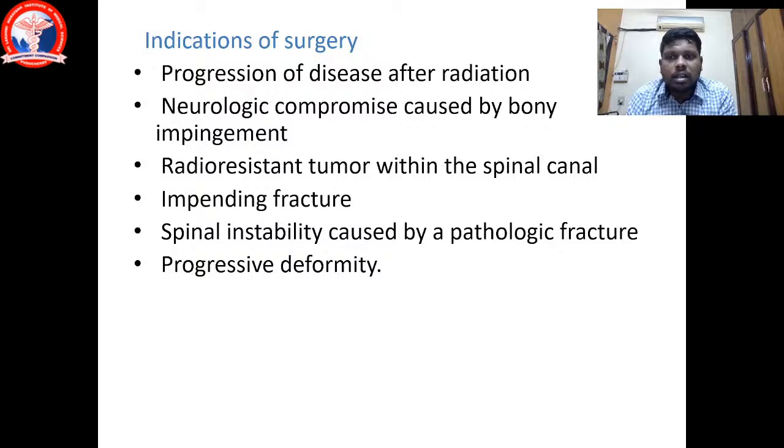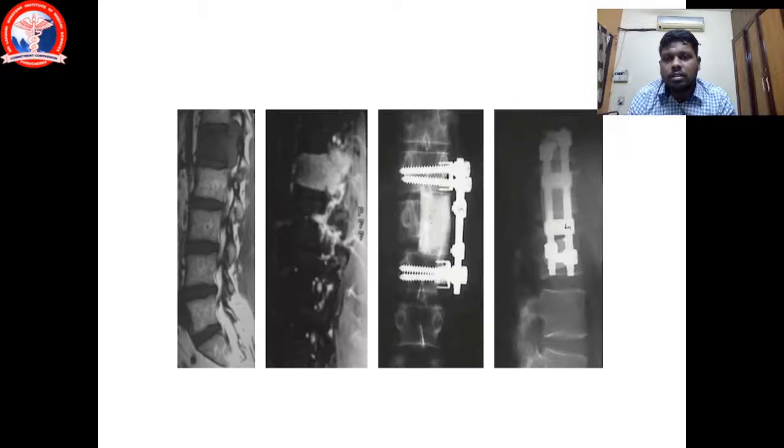Indications for surgery: progression of disease after radiation, neurological compromise caused by bone impingement, radio-resistant tumor within the spinal canal, impending fracture, spinal instability caused by pathological fracture, and progressive deformity. These are the indications of surgery in spinal pathological fractures.